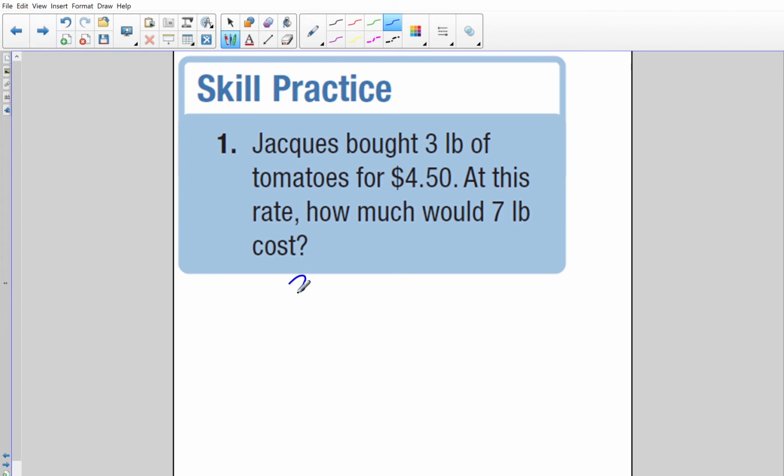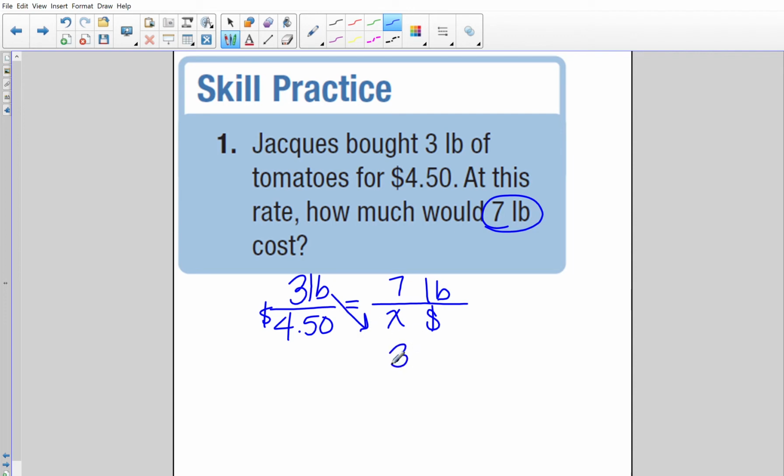So we have 3 pounds at $4.50. And that means that I need pounds on the top and I need dollars on the bottom. So it gives me 7 pounds. So I put 7 on the top and x on the bottom. So 3 times x is 3x. That's not a 31, that's a 3 pounds.